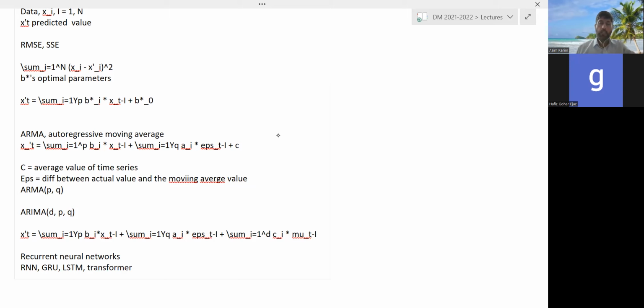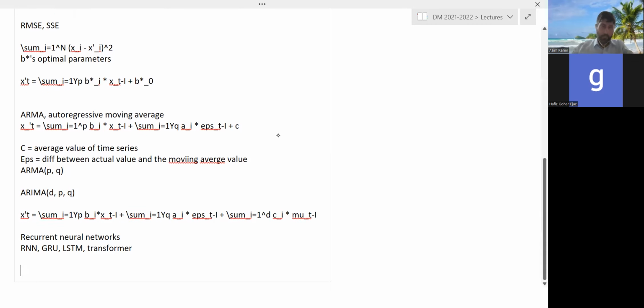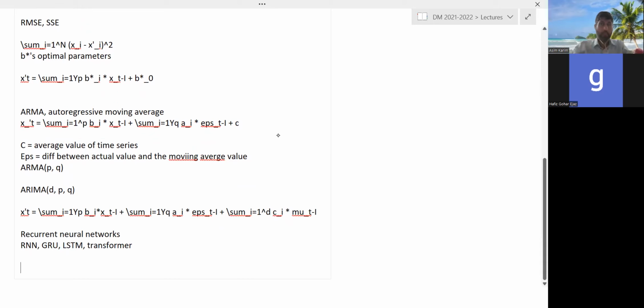So all of these models can be used for time series forecasting, and they have proven to be quite effective as well as accurate, as opposed to the parametric models that we were talking about earlier, using ARIMA and ARMA and so on. So let me just give you an idea how this works.